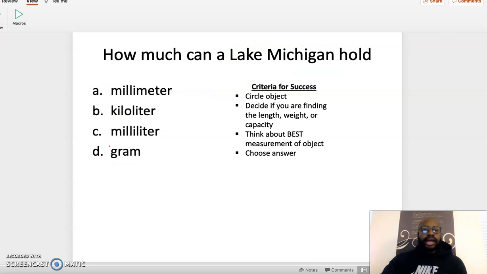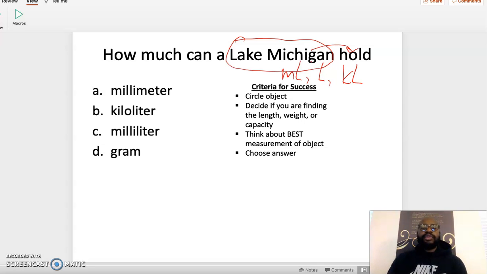The next one, how much can Lake Michigan hold? Lake Michigan. That's what I'm trying to find. And what am I trying to find? How much it can hold? That's capacity. So capacity would be milliliter, liter, or kiloliters. Milliliter would be a spoonful. Liter would be, if you think about, what's the name of that? Gatorade. There we go. Gatorade bottle.